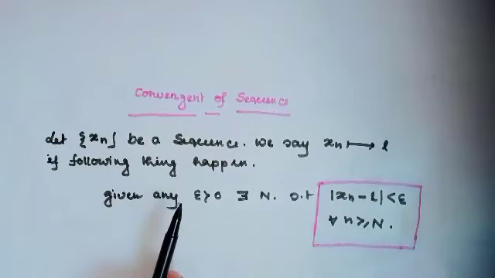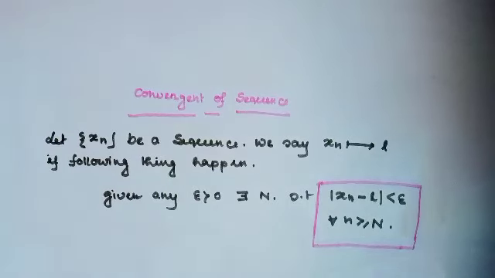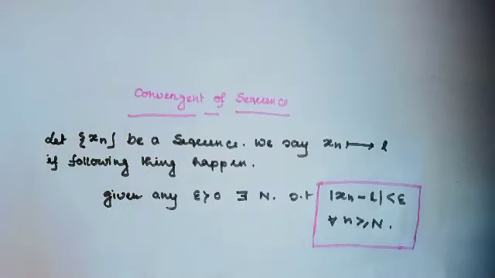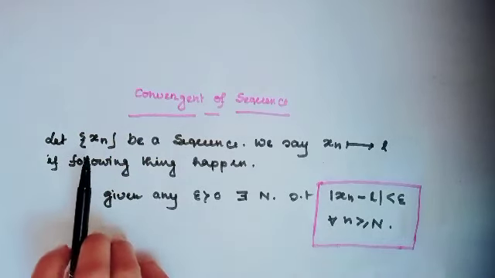Let's see convergence of a sequence. Intuitively, if a sequence gets close to a unique real number, then the sequence is a convergent sequence. But mathematically, what is the definition of a convergent sequence?